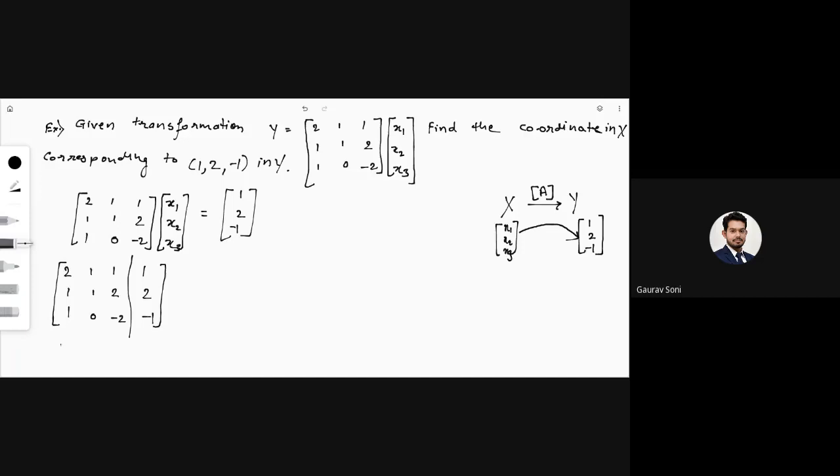So swap R1 and R2. What we will have: 1, 1, 2, 2; 2, 1, 1, 1; 1, 0, -2, -1. Then R2 minus 2 times R1, R3 minus R1.